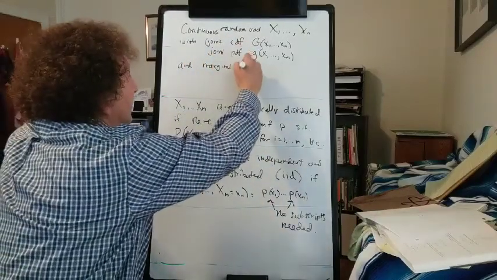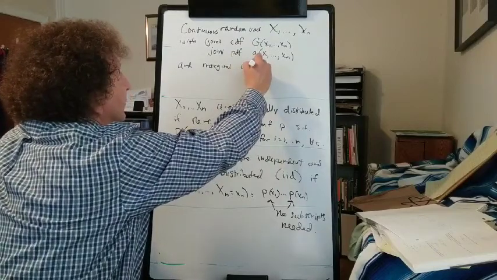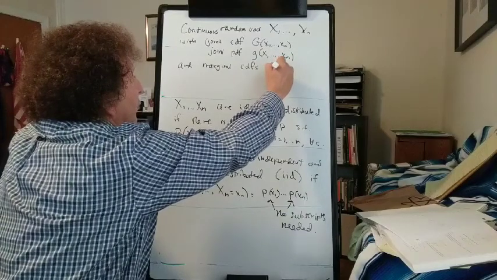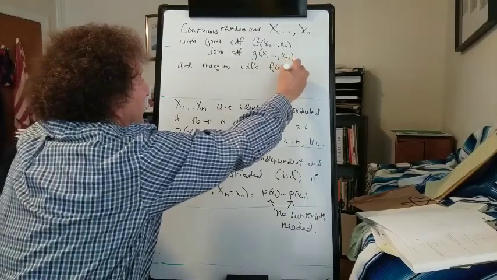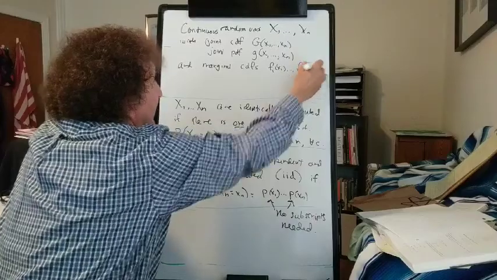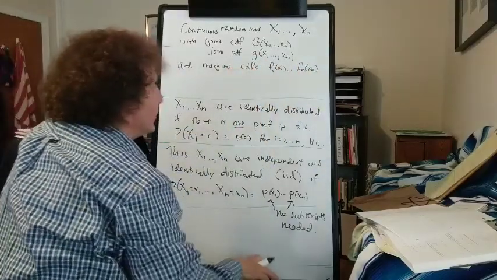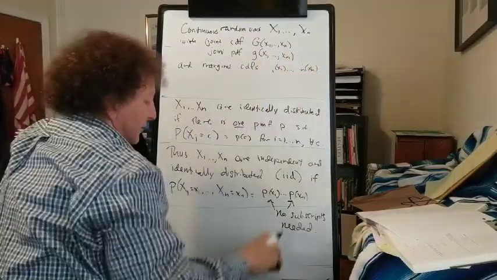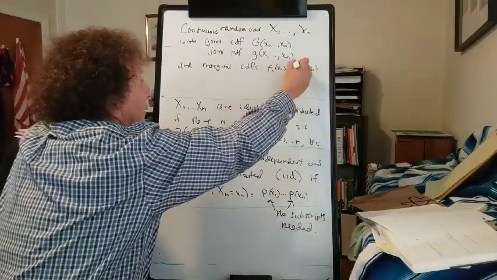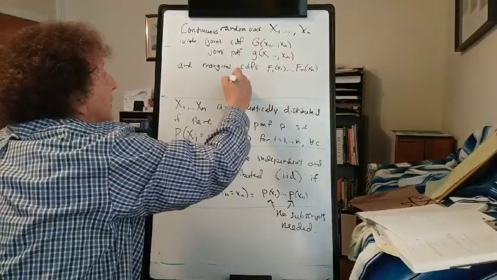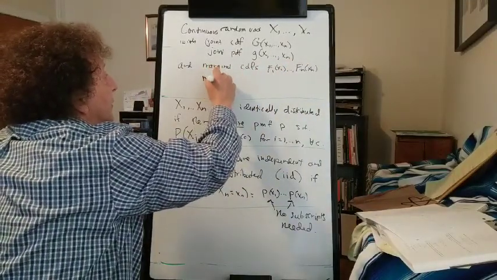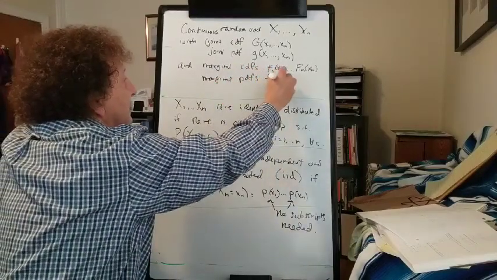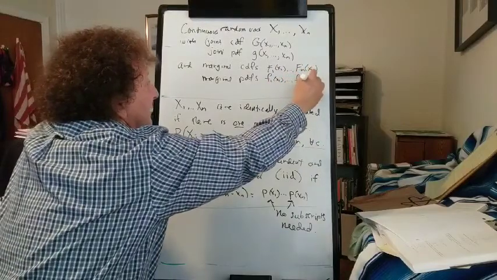And marginal cumulative distribution functions, I'll use capital F for these, F1 of x1 through Fn of xn. And marginal probability density functions, little f1 of x1 through little fn of xn.